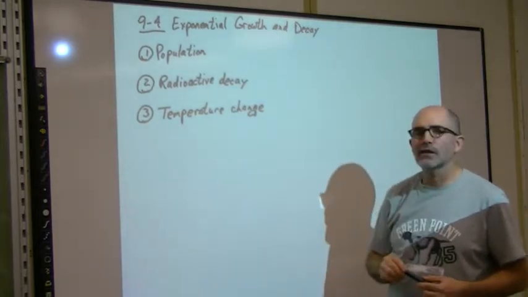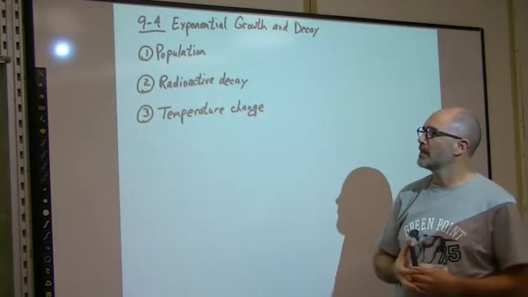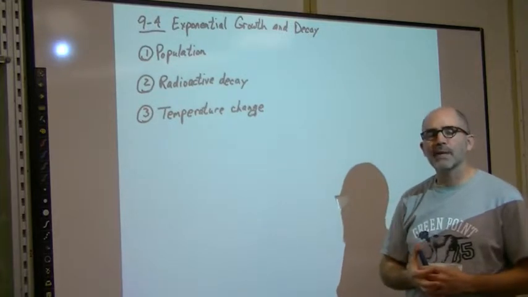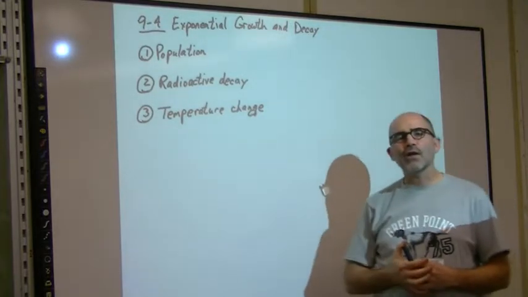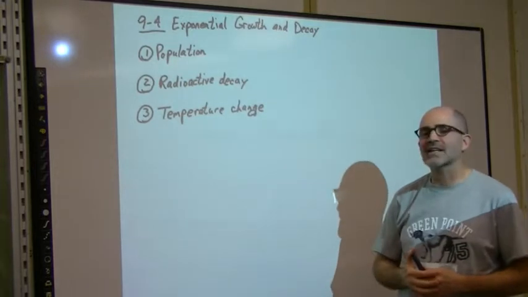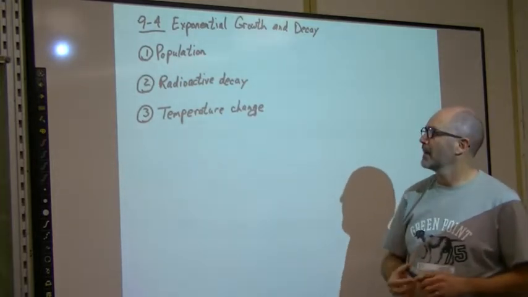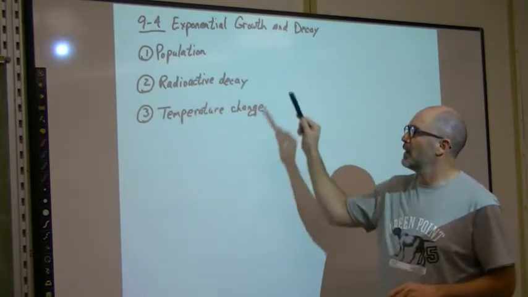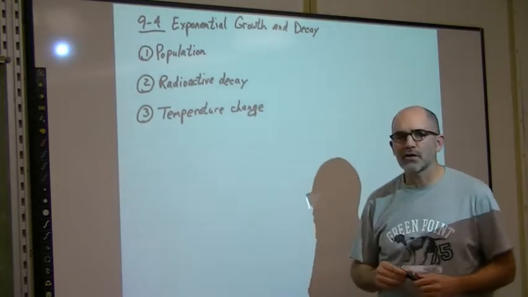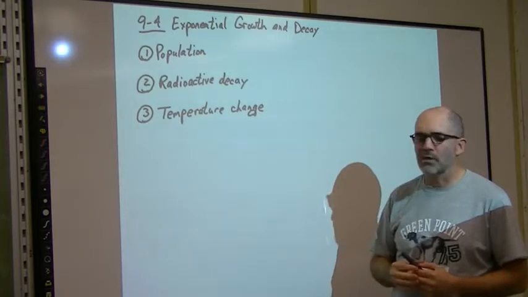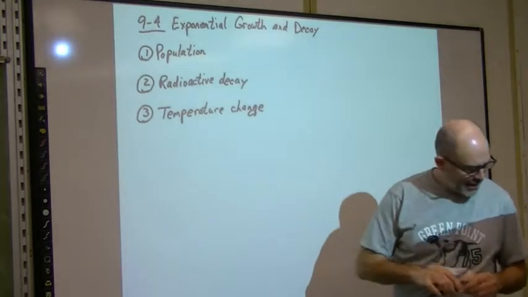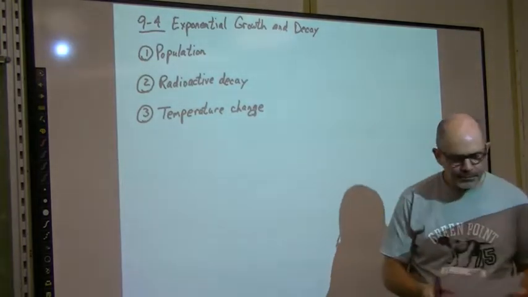For population growth, we're going to be talking about populations of people and of all sorts of bacteria and fungi and slime like that. And then we have radioactive decay and temperature change. Those are going to be the three basic types of problems we're going to work with. So let's get going here.